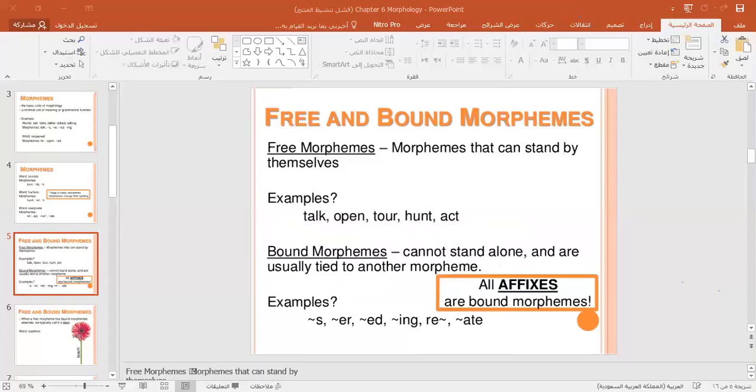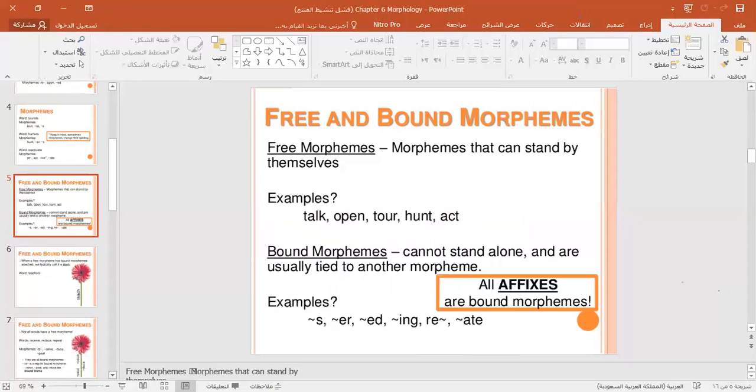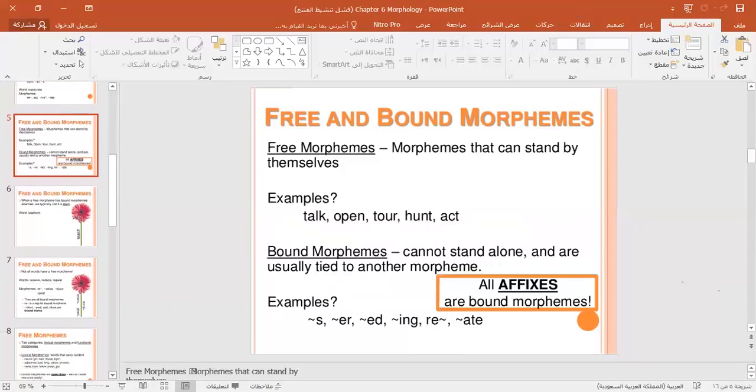So a free morpheme is a morpheme which can stand on its own as a word. But a bound morpheme can't be used as a word. It is attached to another morpheme as a suffix or a prefix in English.